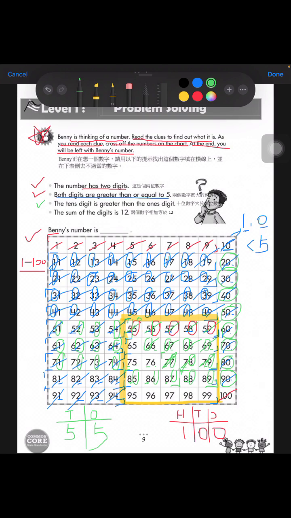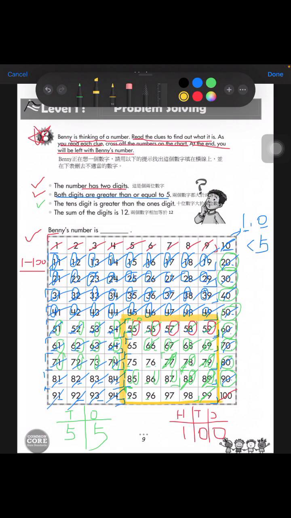The 1s digit is greater than or equal to the 10s digit, so we cross them out. And then we look at numbers 95 to 99. From 95 to 98, the 10s digit is greater than the 1s digit, so we don't need to cross them out. 99, the 1s digit is equal to the 10s digit, so we cross it out.